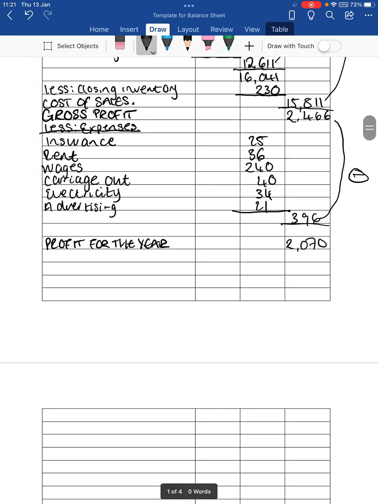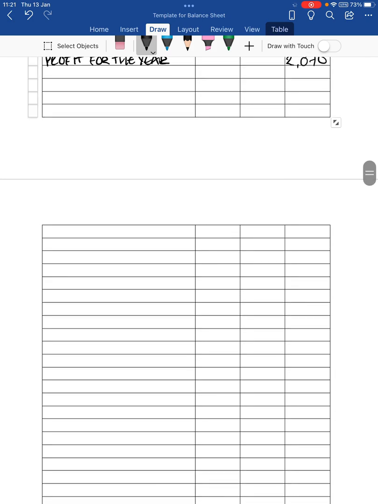What we're now going to move on to is our statement of financial position. So again, you always start with the individual's name, so MCOR. And this time you're going to write statement of financial position as at the 31st of December, year 2.